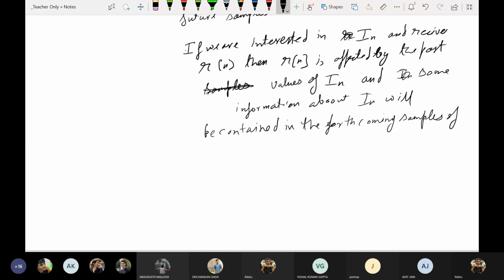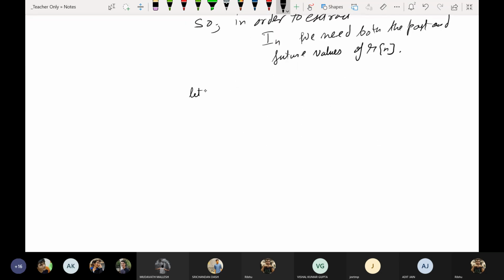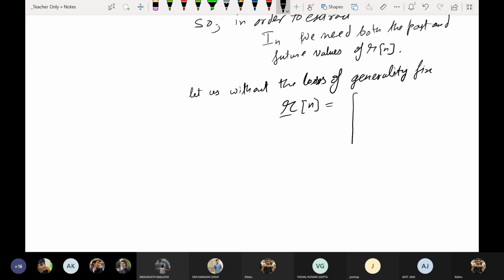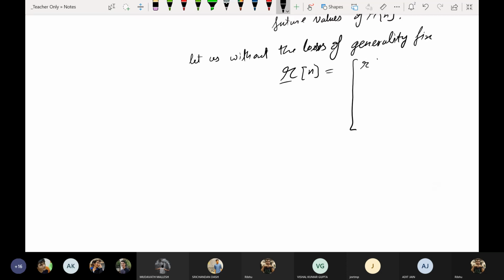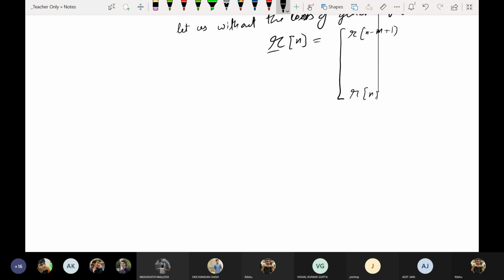So let us, without the loss of generality, fix Rn plus n, right?